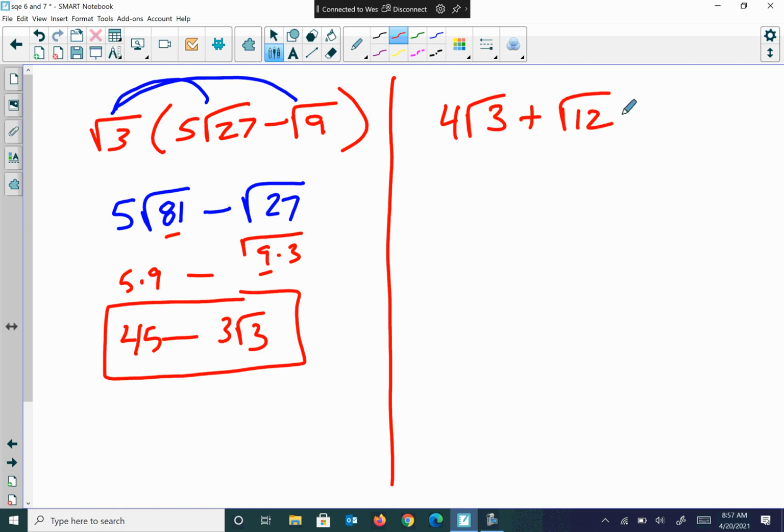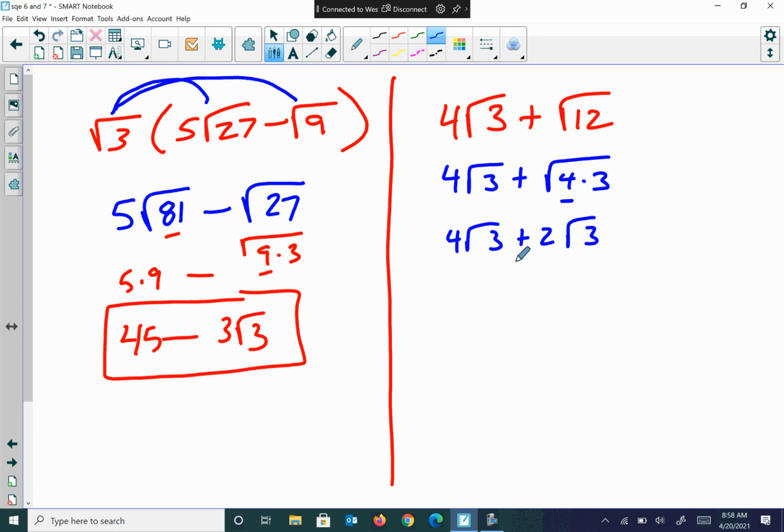Try that one. Once you get done, take a look. Does my work look similar to what you have done?